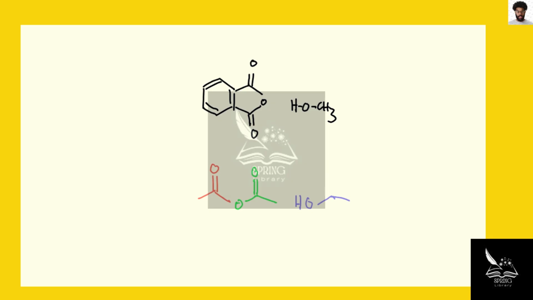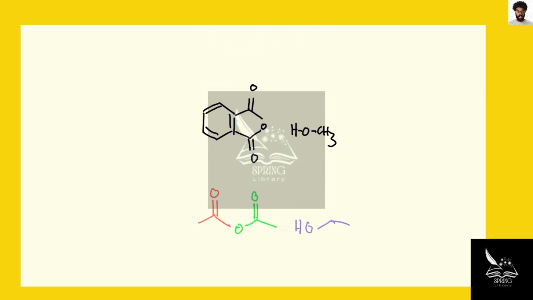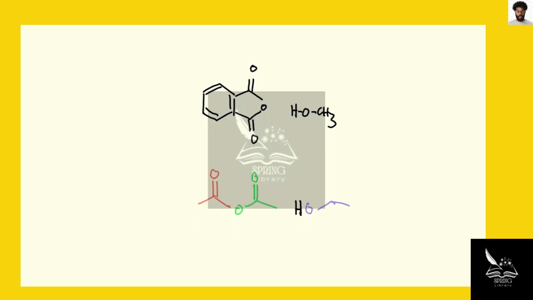Then what we're going to do is that one side of the system will become an ester. Let me make this hydrogen black, actually. One side of this anhydride will become an ester with the OR group of our alcohol, whereas the other side will become a carboxylic acid with the addition of the hydrogen from our alcohol.